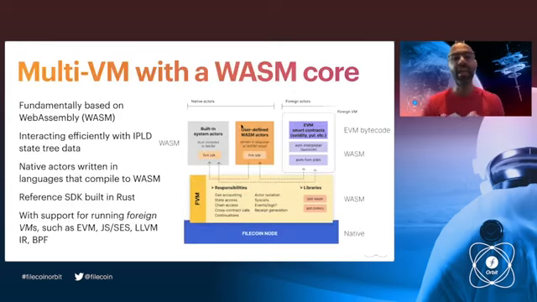Now, to give you an overview of the technical design, the FVM is fundamentally based on WebAssembly. We looked at other things like LLVM IR, the JVM, secure JavaScript, and secure ECMAScript, and other options for the core layer of the FVM, and ended up settling on WASM.